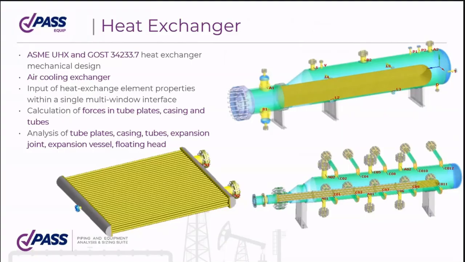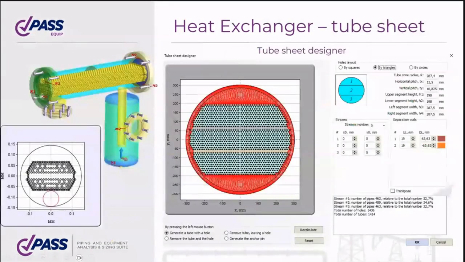And we calculate all parts of these heat exchangers, but we have an especially powerful tool for tube shape modeling. We have a tube shape designer, which allows you to define any kind of complex tube shape geometry.